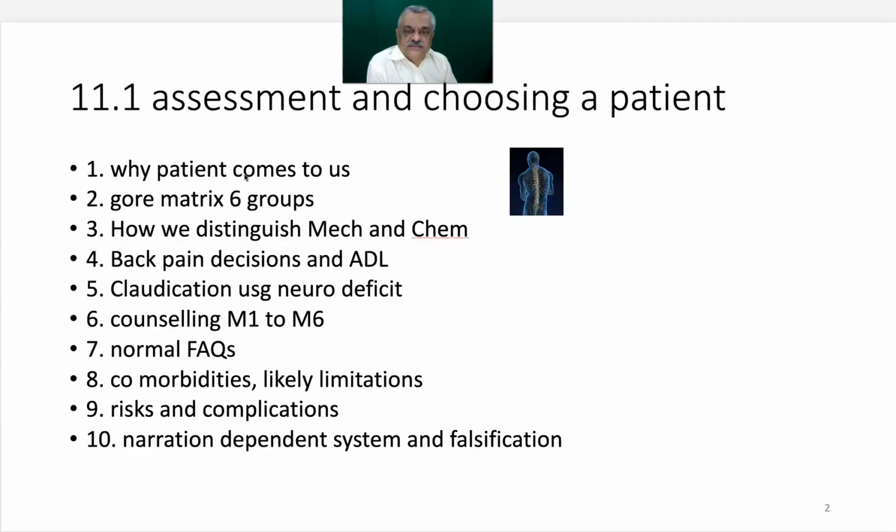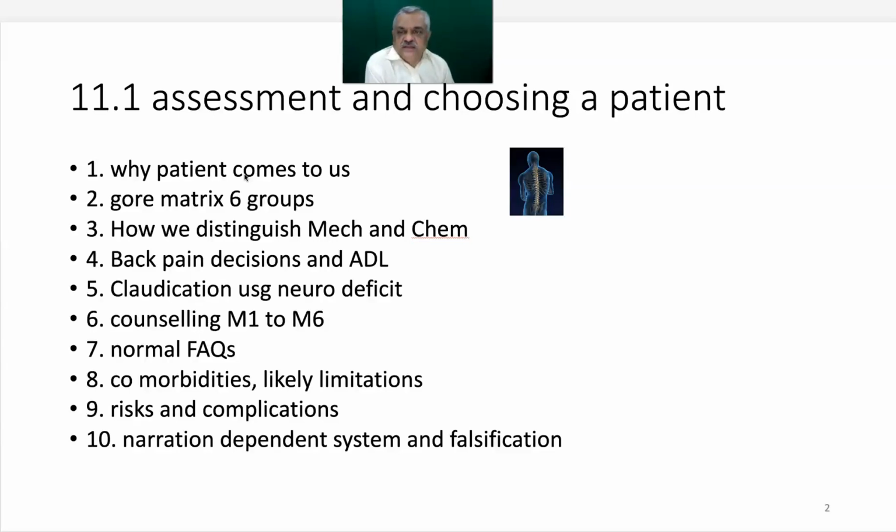So let us start. Now, as you have realized, whenever we talk of any new system or any new way of treating a condition, we need to identify the best fit patients where we can apply this understanding.